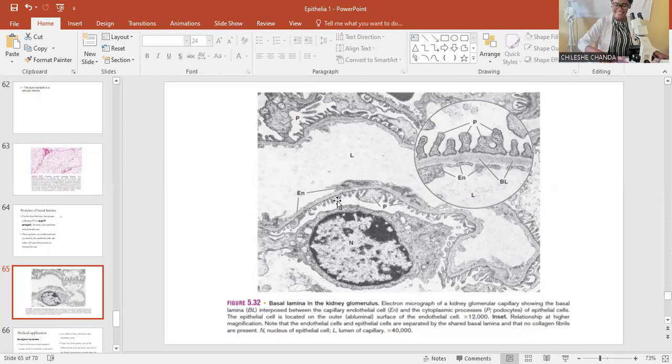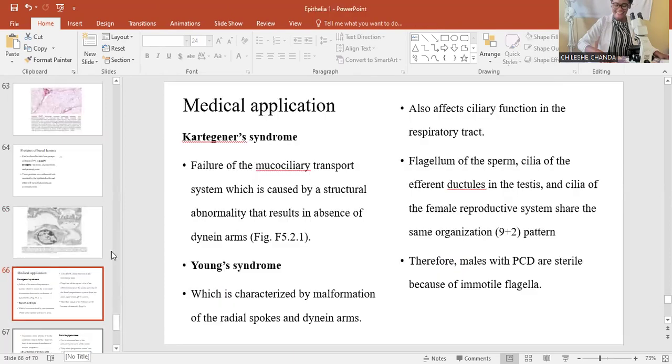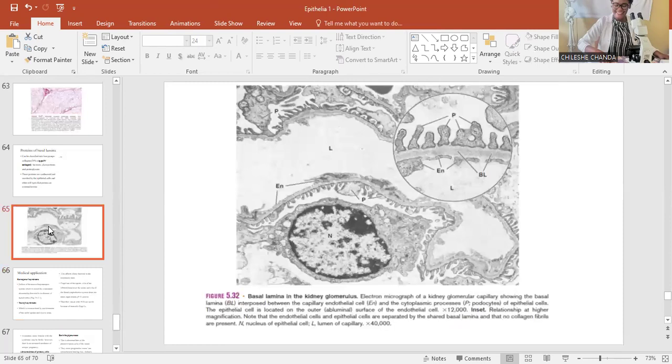So in the kidney, the endothelium will be lying on this basement membrane, as well as the epithelial tissue of the glomerulus, in order to allow for the urine to be filtered from the blood and into the glomerular capsule. So that is what that basement membrane is talking about.